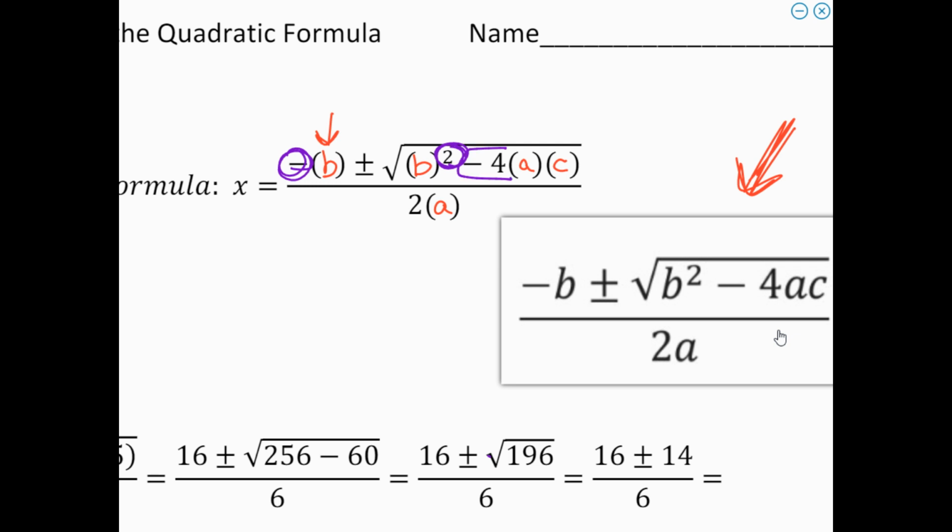This minus 4, part of the formula. And this 2, part of the formula. They never change. Those will always be there. The only things that are going to change are your numbers for your B, your A, and your C based on your problem.